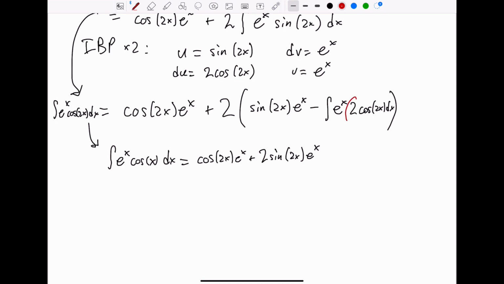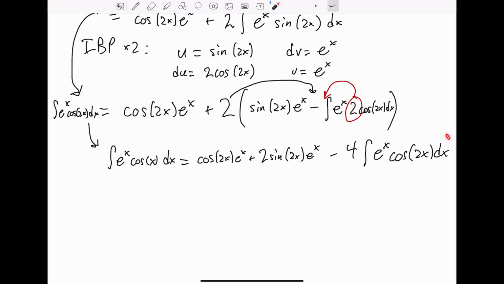And now I'll take this 2 in this integral, bring it out front. 2 times that multiple of 2 gives me a minus 4 times the integral of e to the x cosine of 2x. I will move this minus 4 to the other side, or we could think of adding 4 times the integral to both sides.